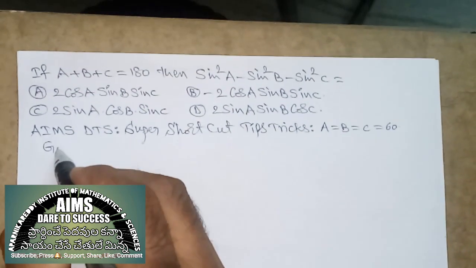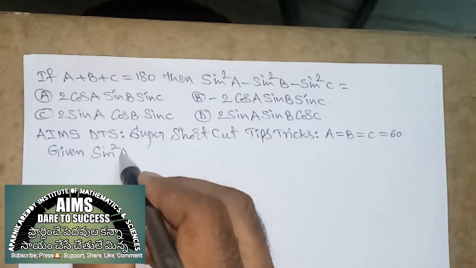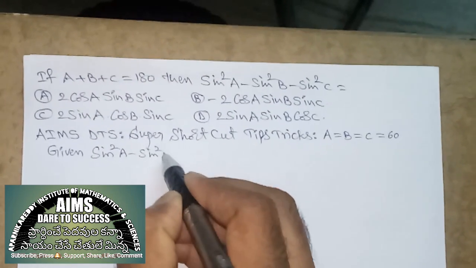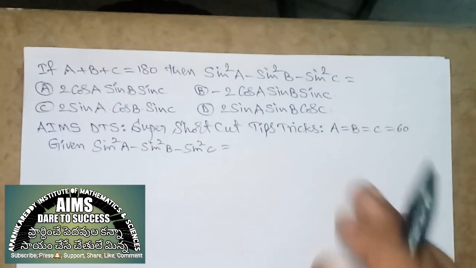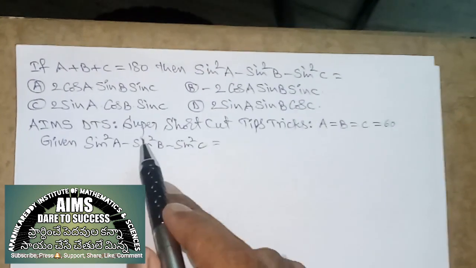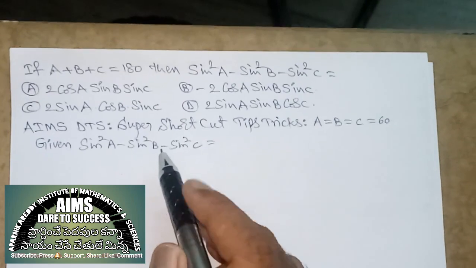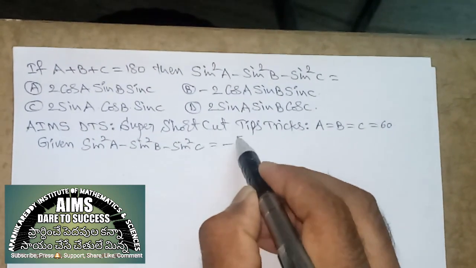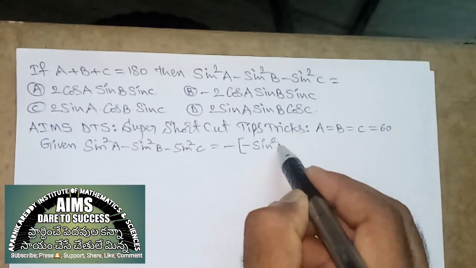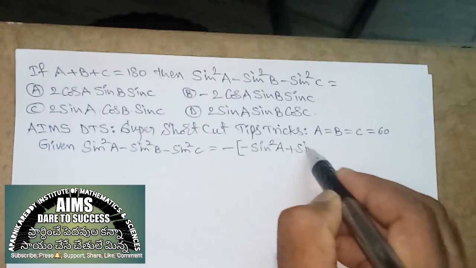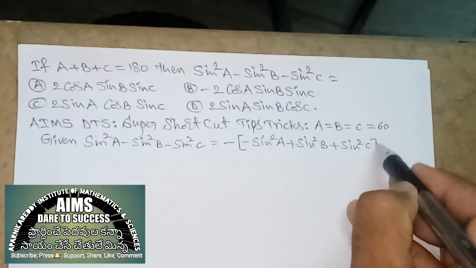I am taking the given value sin square A minus sin square B minus sin square C. All of you can remember, in any question where you have two negative symbols, take this logic: take minus common. So the remaining value is minus, sin square A plus sin square B plus sin square C.